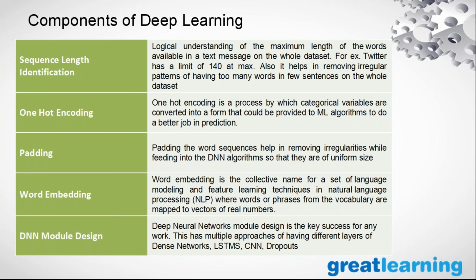This applies even to image based work. In any image, we will always try to understand the pixel value, so we are not going to send any other value apart from the value of that particular pixel, which represents the RGB data, so the three dimensional value. That is what encoding typically is.